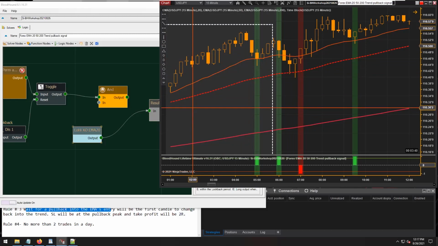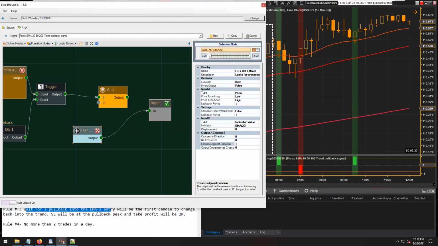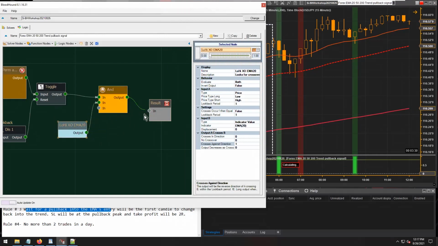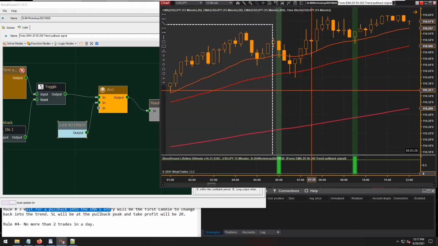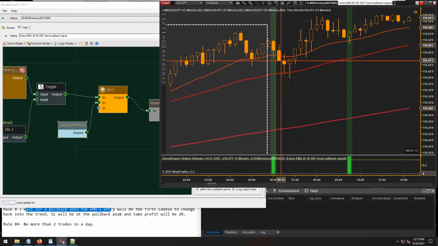So let's see here. So that can go into that. There we go. Let's see. And so now I think we just look for price to reverse directions, right?